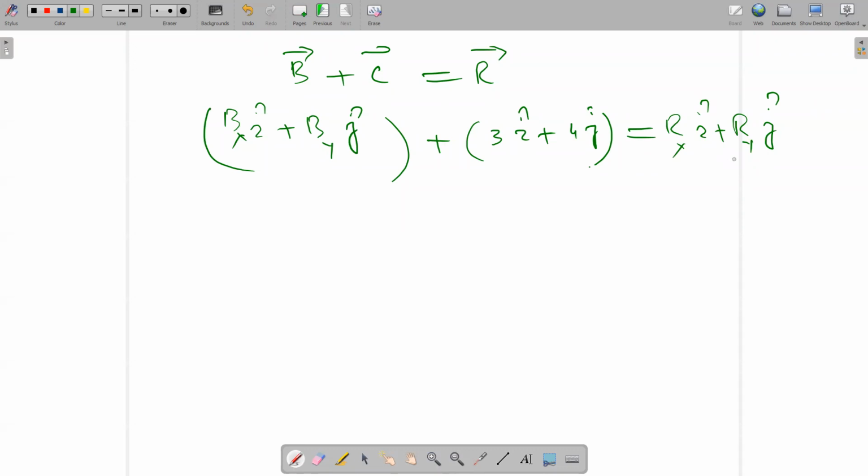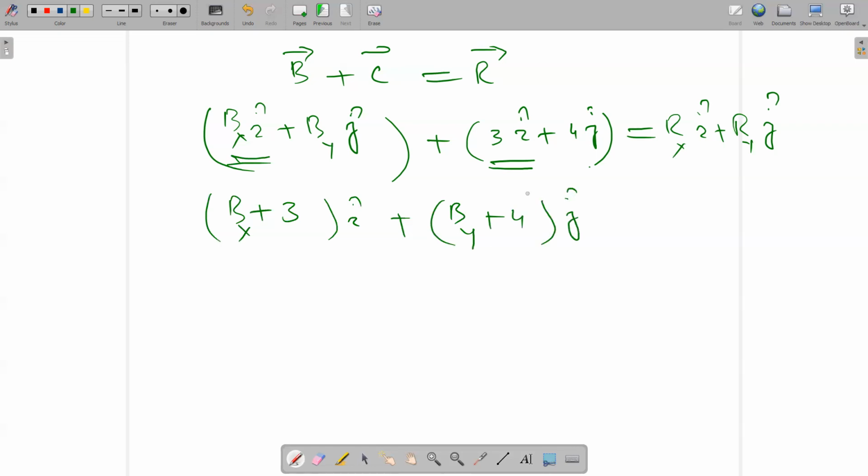After this, we can write Bx into i plus 3 into i, plus By plus 4 into j. This is equal to only the j component vector, and its magnitude is the C vector magnitude.